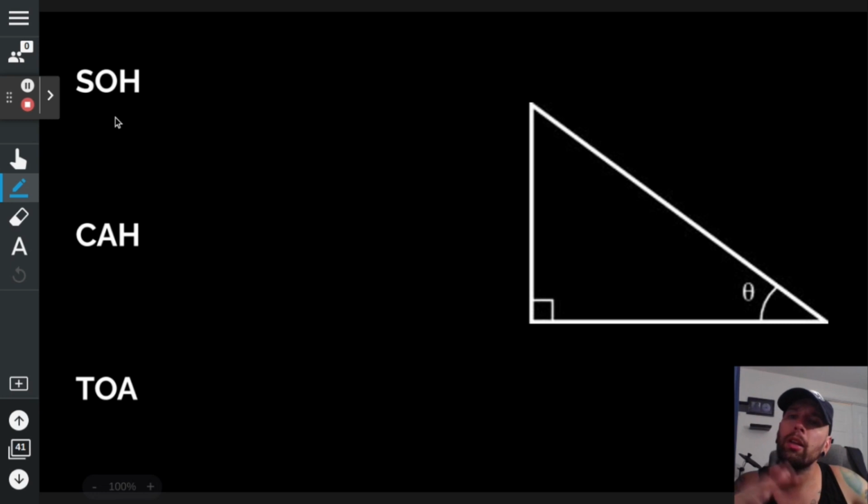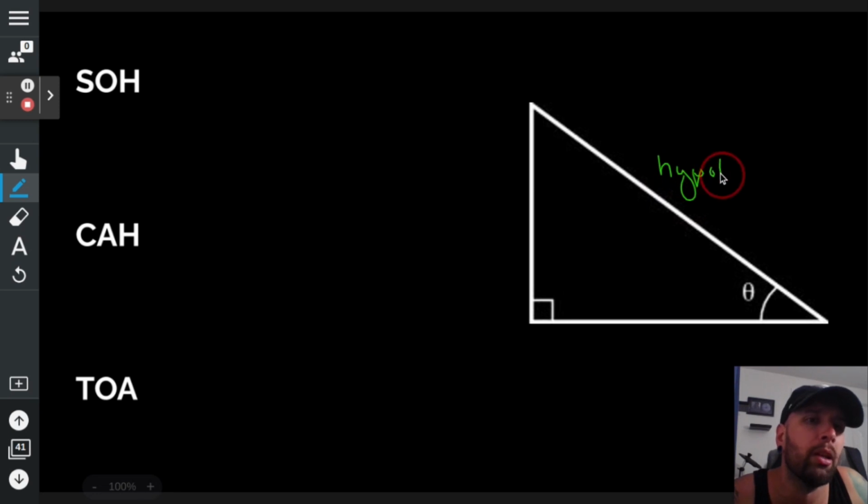Now, before we look at SOH CAH TOA, we need to look at this right triangle first. This little angle is denoted by the Greek letter theta. My angle, that's not a zero. My angle measurement is going to be given to me by the Greek letter theta. And I have to compare these sides to the angle theta. So when I look at theta, what is that long side right there? Well, it's always the hypotenuse. Don't lose any sleep over it.